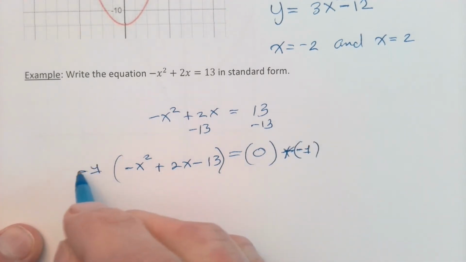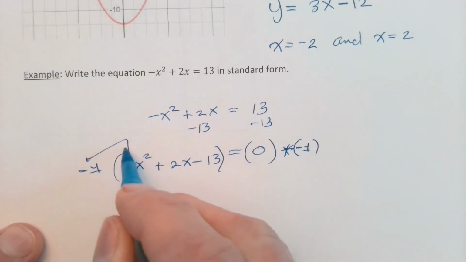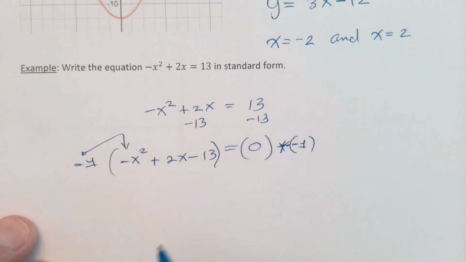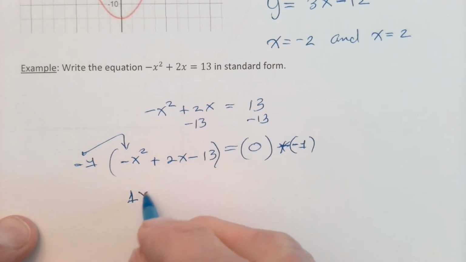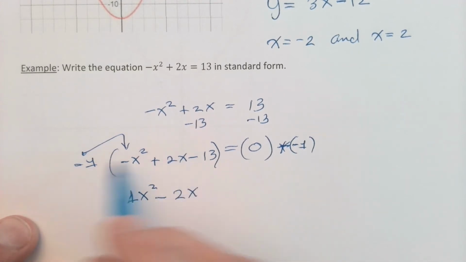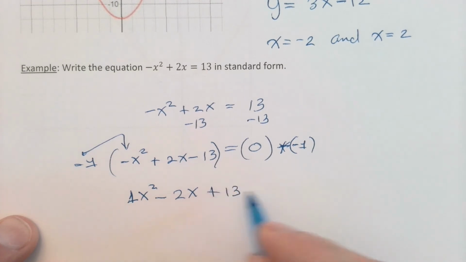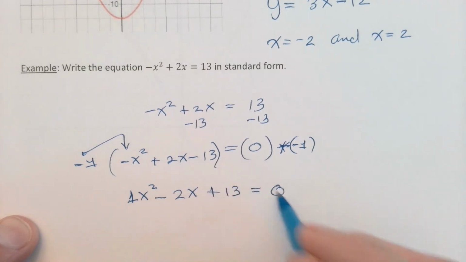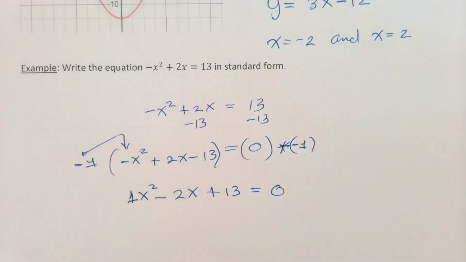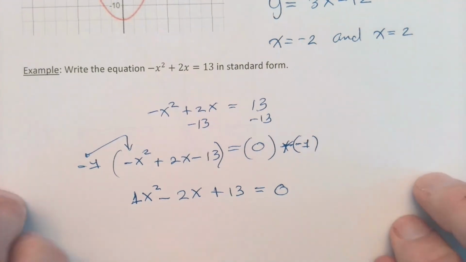So let's go really fast here, okay? -1 times -x squared makes positive 1x squared. -1 times 2x is minus 2x, and -1 times 13 is plus 13. And on the right side we get 0. And by anybody's definition, that is a quadratic equation in standard form.